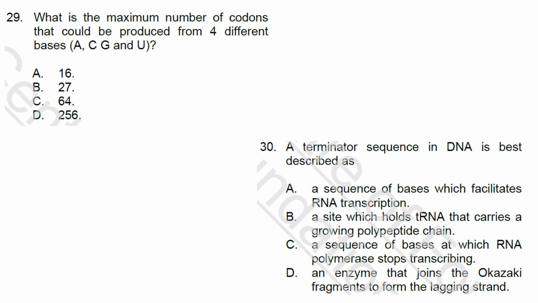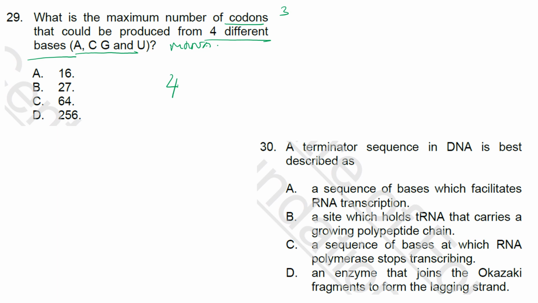Okay, so the next question, what is the maximum number of codons that could be produced from 4 different bases? So the bases are A, C, G, U, the bases on mRNA basically. How many codons can be generated from these 4 bases? For each codon, how many bases? 3, right?